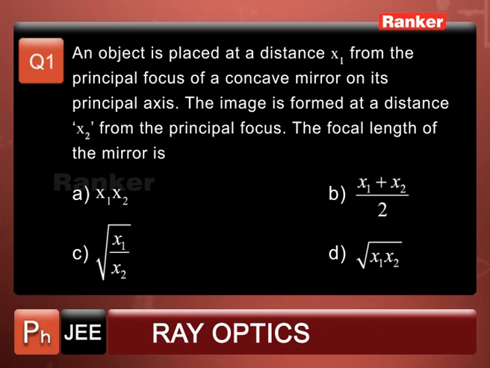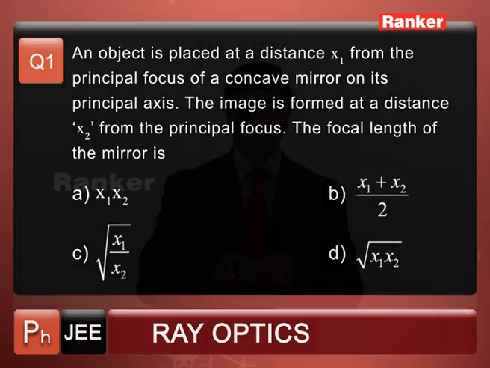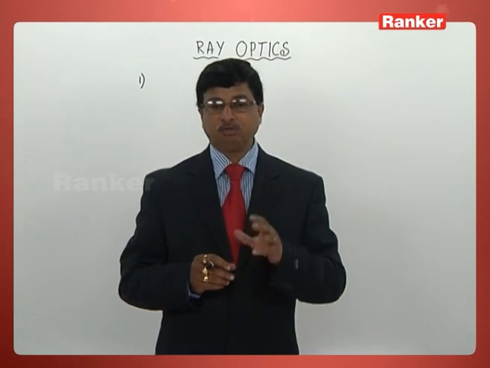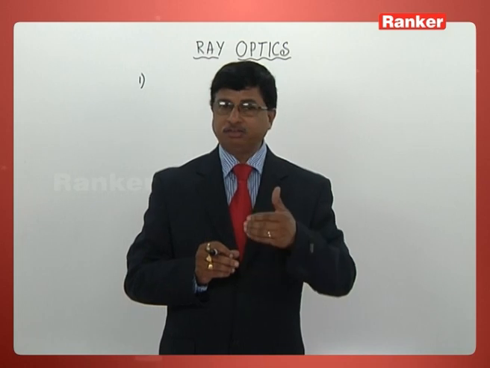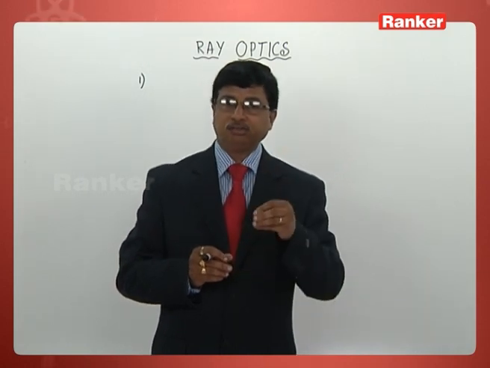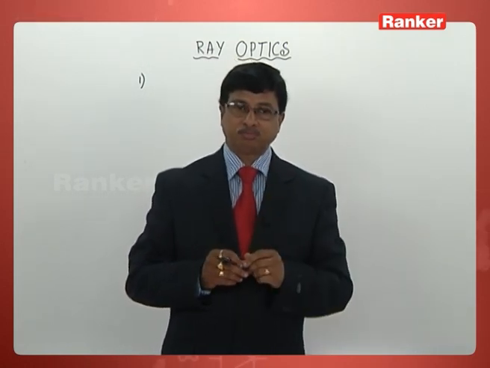The options are given this way. The first option is x1 x2. The second option is (x1 plus x2) by 2, that's the average. The third option is root under x1 by x2. And the fourth option is the square root of x1 into x2, the product of x1 and x2 under root. But the moment you read this, you can easily recall it is Newton's formula.